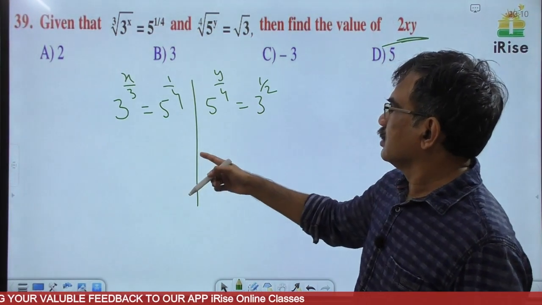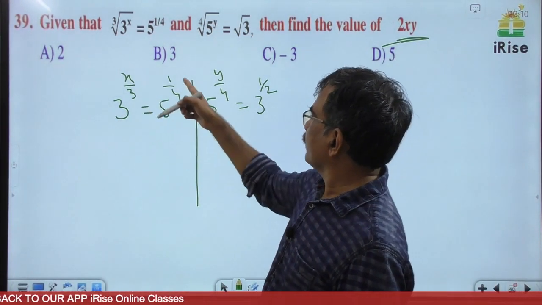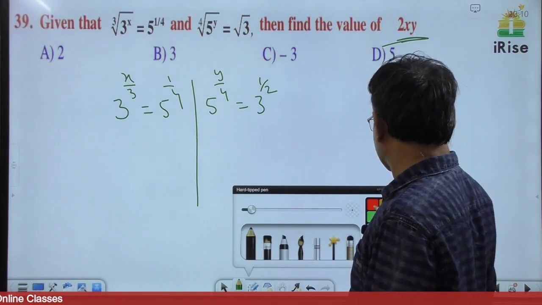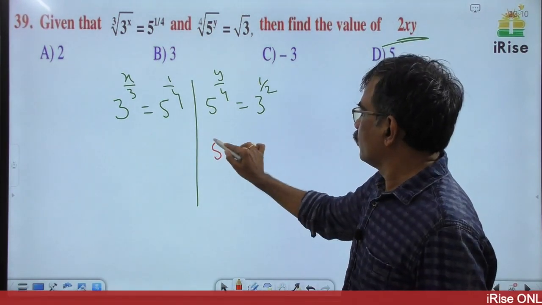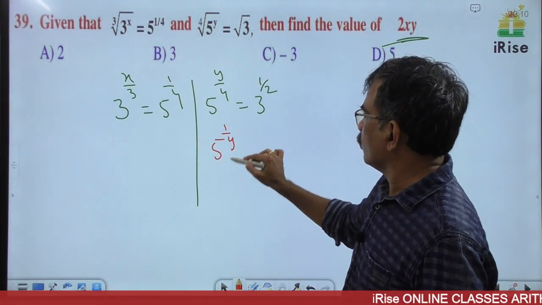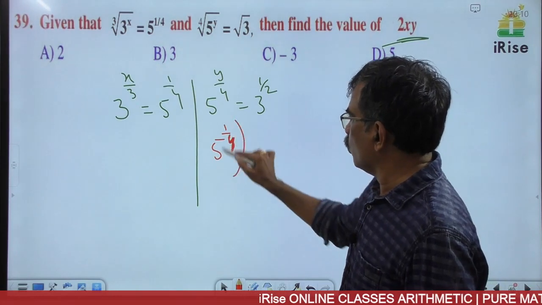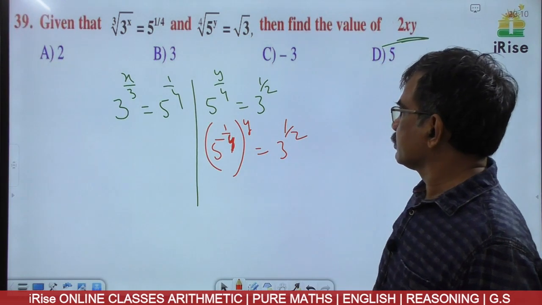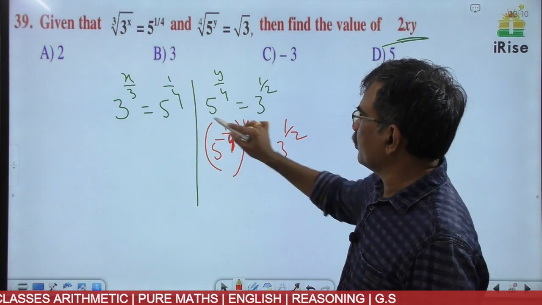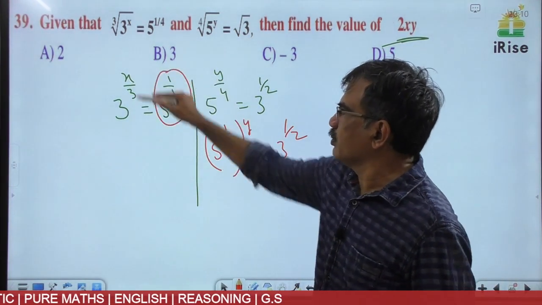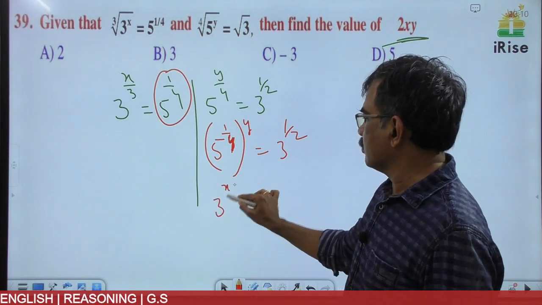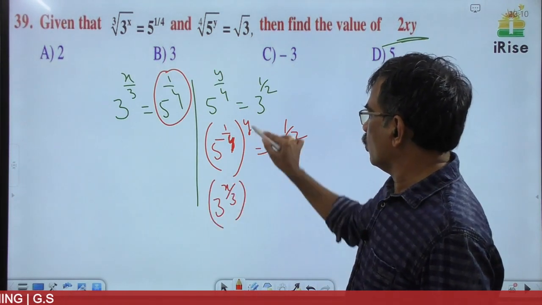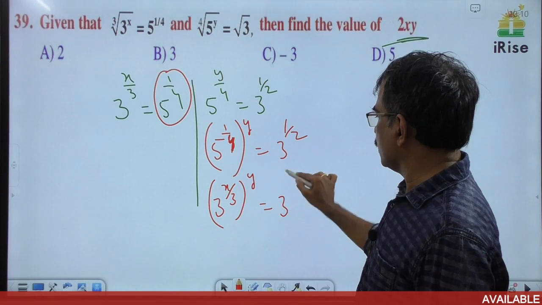Here 3 power x by 3 is 5 power 1 by 4. I want to write this as 5 power 1 by 4 whole power y is equal to 3 power 1 by 2. In the place of 5 power 1 by 4, I want to put 3 power x by 3. 3 power x by 3 whole power y is equal to 3 power 1 by 2.